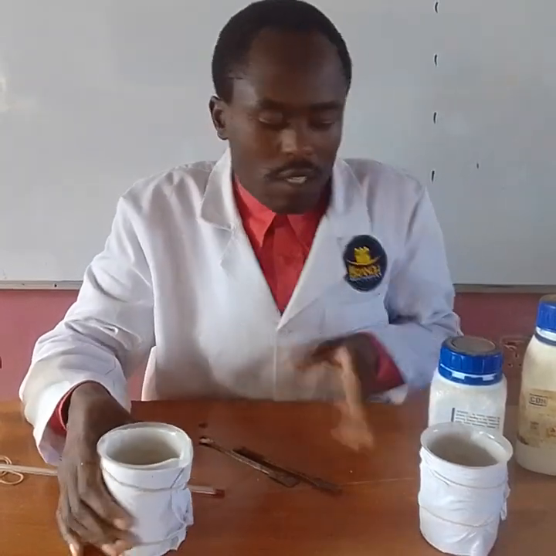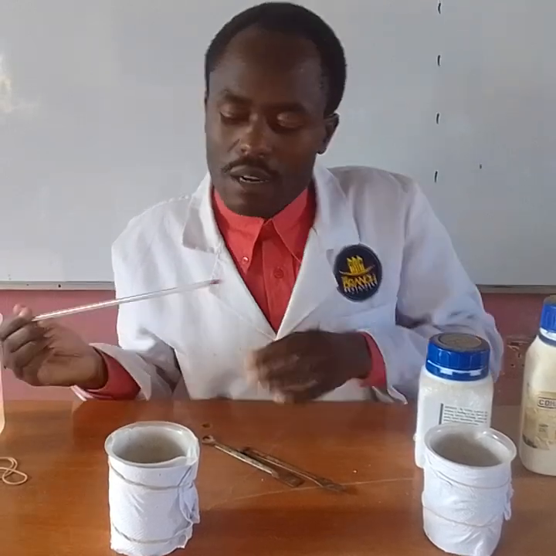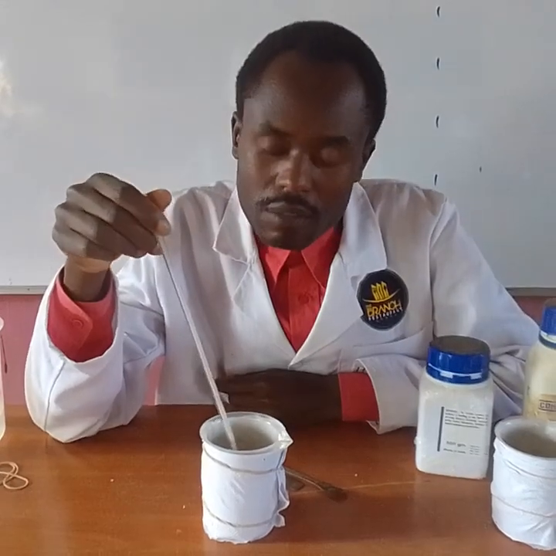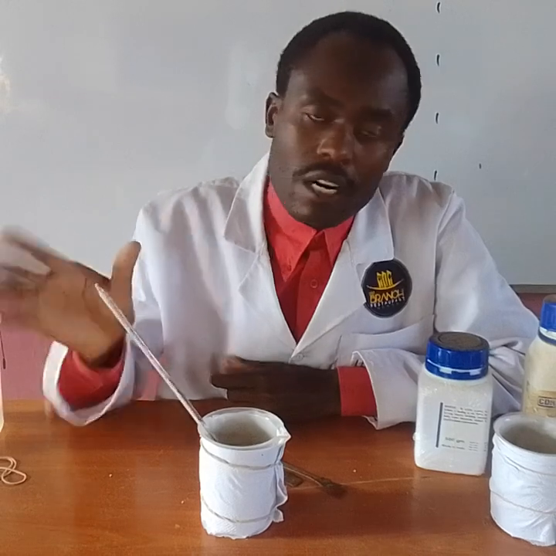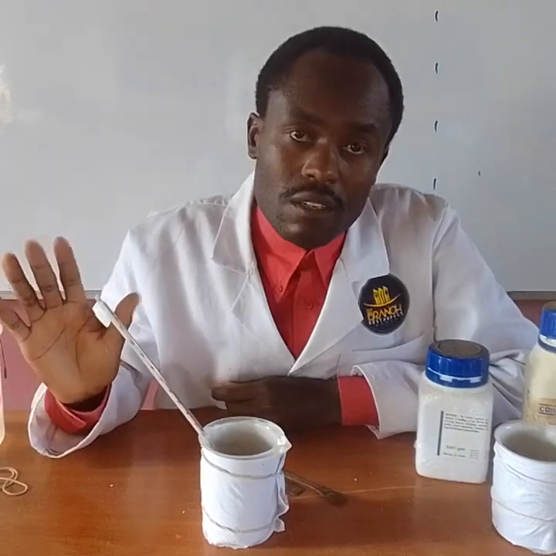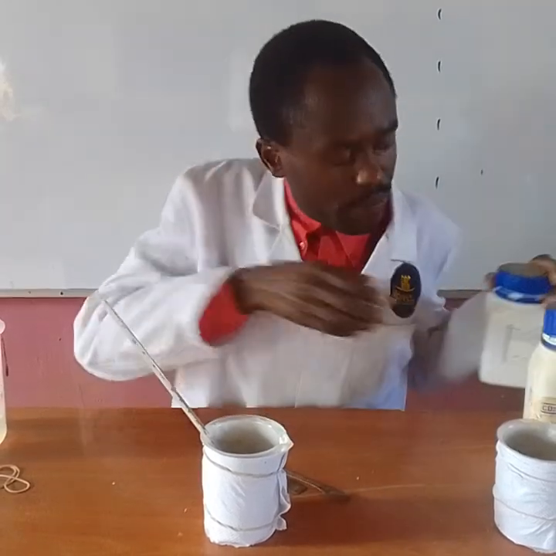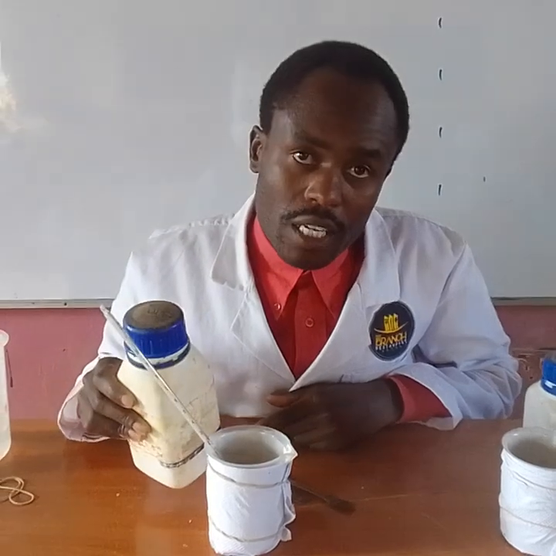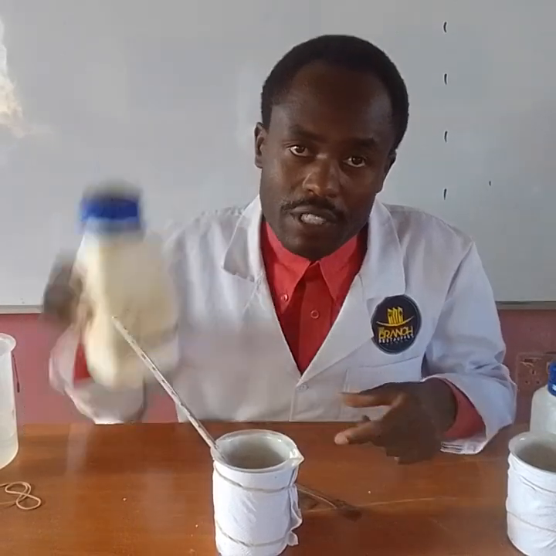So my student, the next procedure, I'm going to take the steady temperature of this distilled water using a thermometer like this. Then we read the temperature of this water. Then I'm going to use ammonium nitrate first, dissolve it in this distilled water, then take the final temperature after adding the salt.